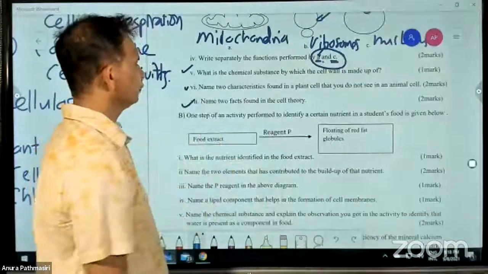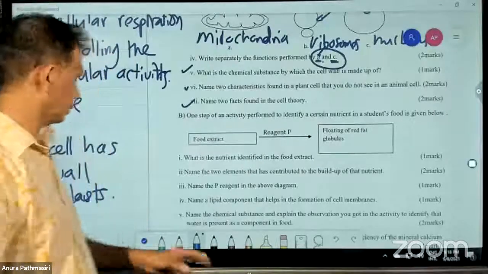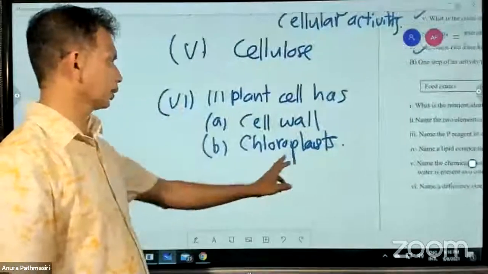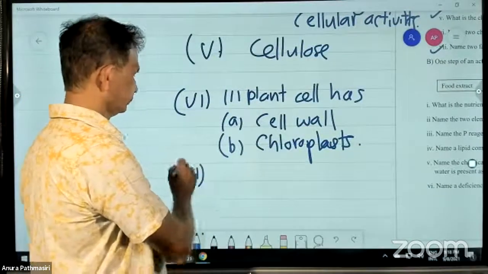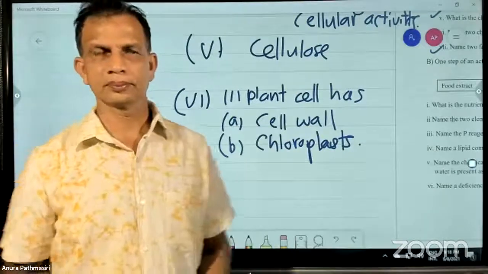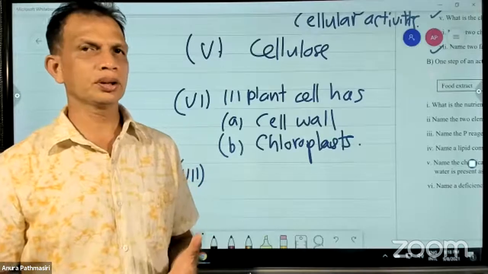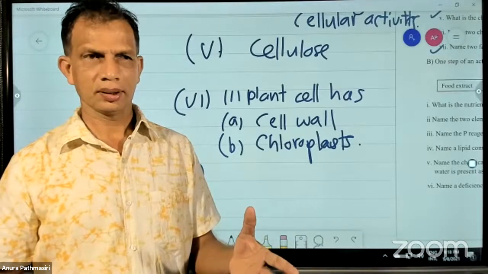Name two facts found in the cell theory. The structural and functional unit of life is the cell. All organisms are made of one or more cells.